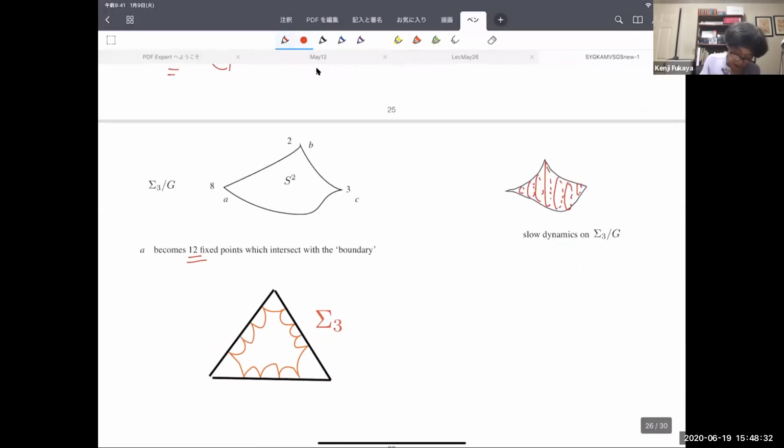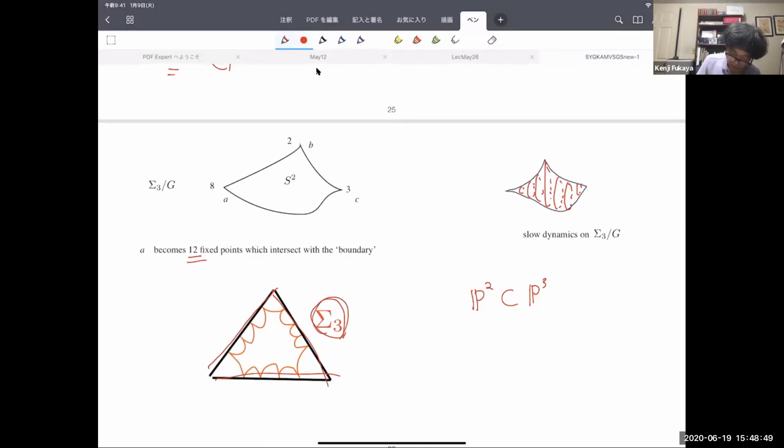I can say what these 12 points are. Because this is sigma 3, you have this P2 in this P3, this 3 P2, and this sigma 3 intersects this P2.